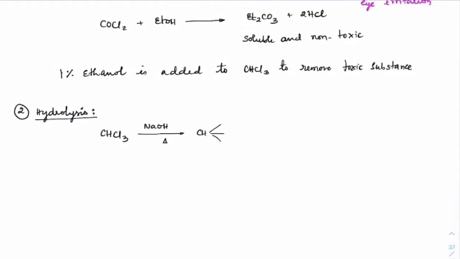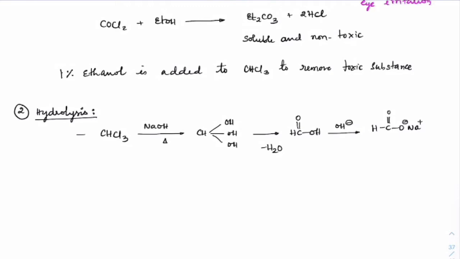So three OH groups will replace them, and we will get HC double bond O, OH per mole of H2O. But since OH minus is still present, we will get sodium formate. So we'll end up forming salts.